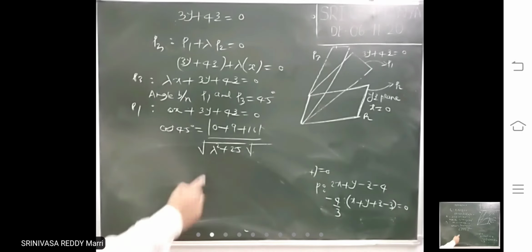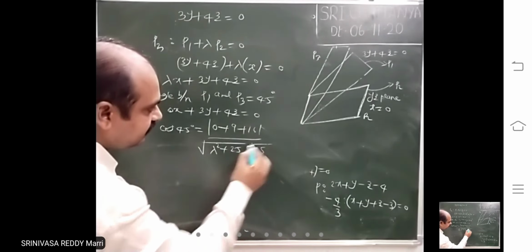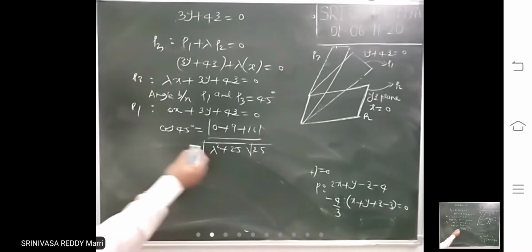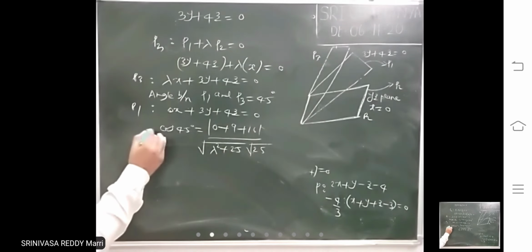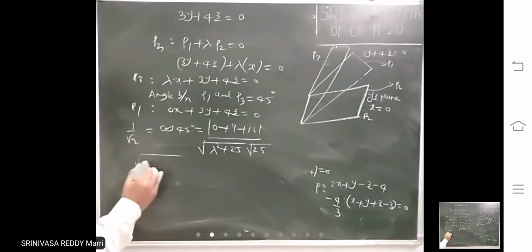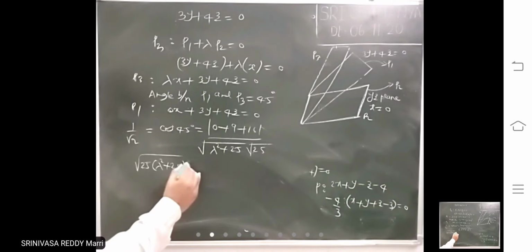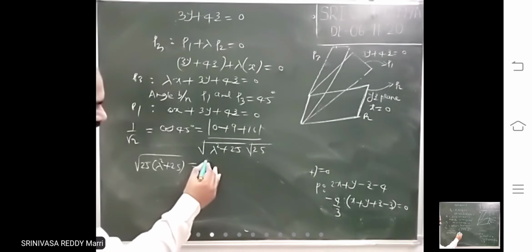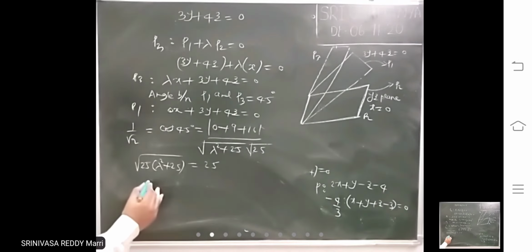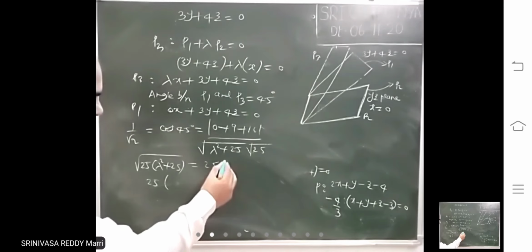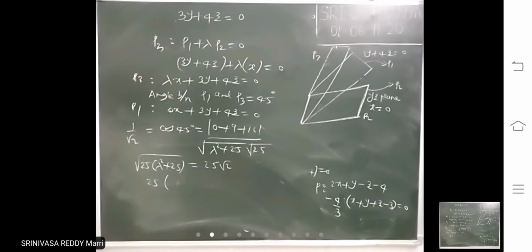root of 25. So bring this side. This is 1 by root 2. Root of 25 into lambda square plus 25 equals 25 root 2.